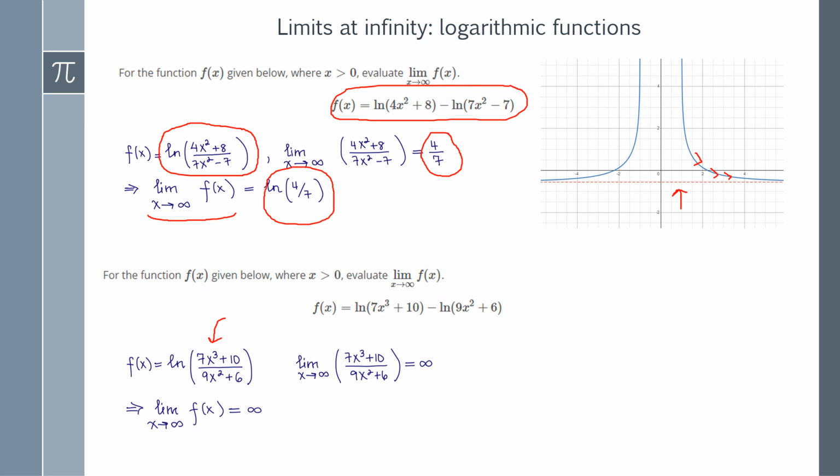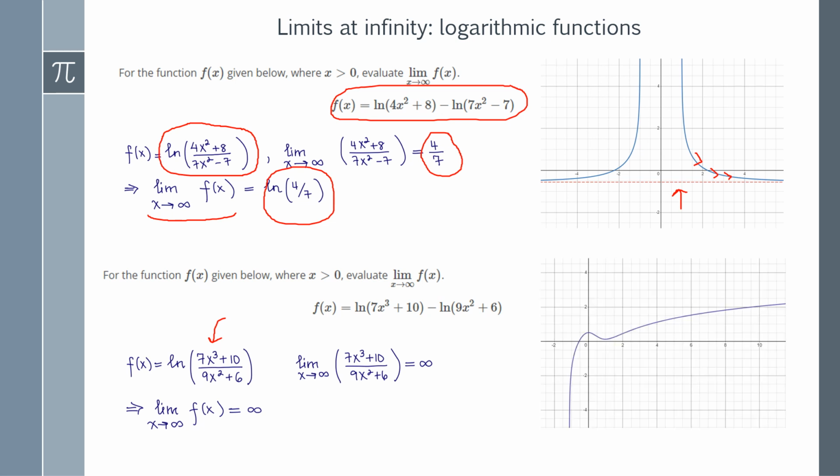So as x goes to positive infinity, this function also goes to positive infinity. Okay, and now here is the graph of our function f of x, confirming graphically that the limit as x goes to infinity of f of x is also infinity.